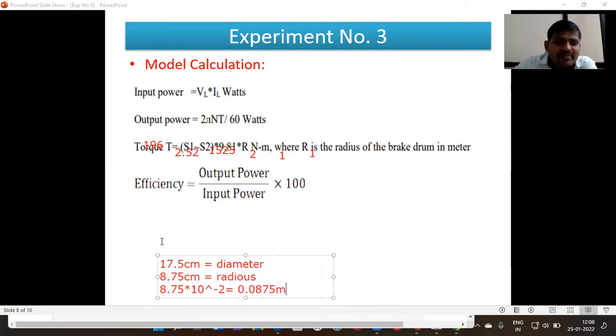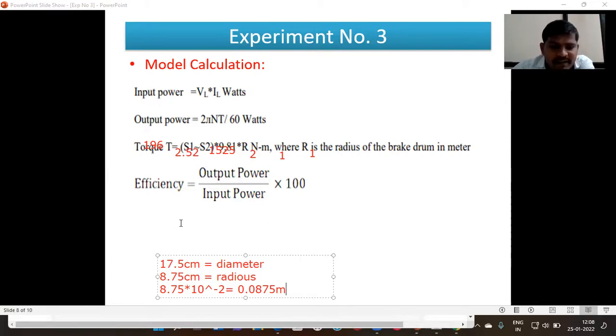ही कॅल्क्युलेशन मध्ये यूज करायची टॉर्कच्या फॉर्म्युला मध्ये. S1 minus S2 म्हणजे 2 minus 1 येईल into if we want to convert it into Newton, that is Newton मध्ये कन्वर्ट करायचं आहे मला फोर्स. So I am multiplying here 9.81.